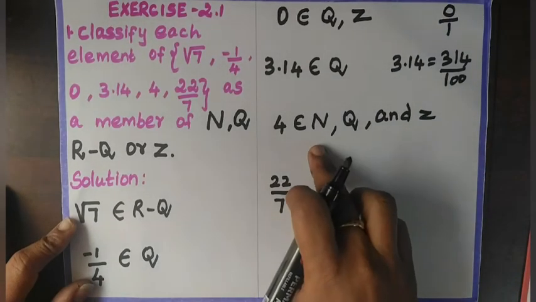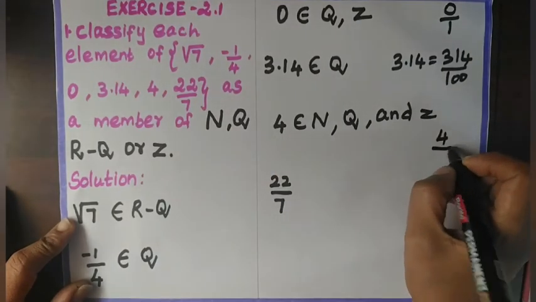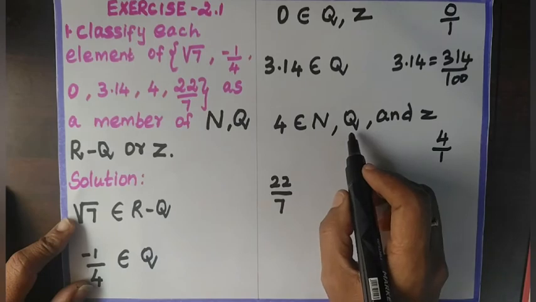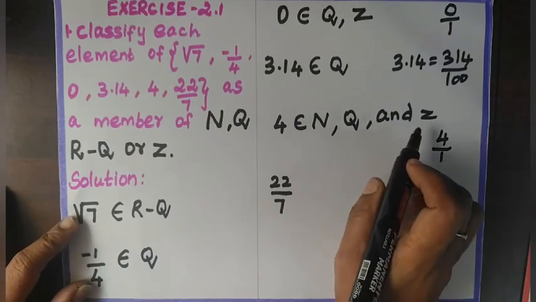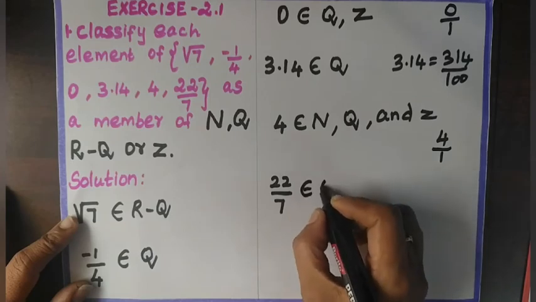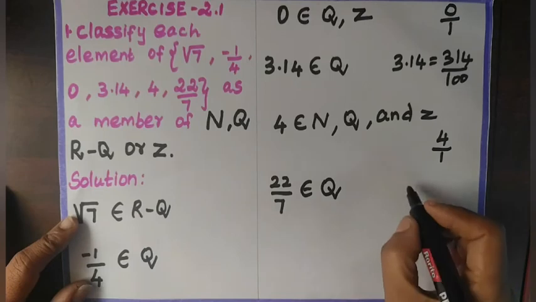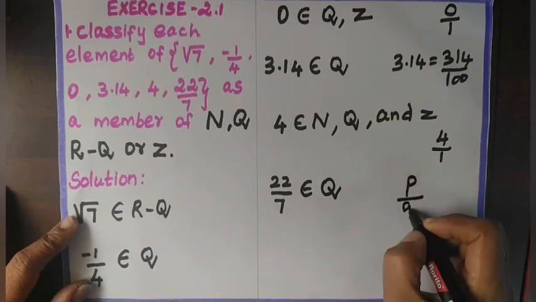We can consider it a natural number. 4 can be written as 4 by 1, so it is a rational number. 4 is an integer. Next, 22 by 7 belongs to rational numbers. 22 by 7 is in the form of p by q.